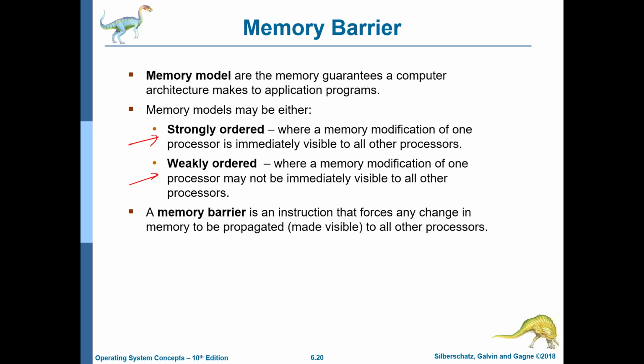But in weak ordering, different accesses by the same processor, let's say to different memory addresses, not to the same but to different addresses, can be seen by other processors in different orders.